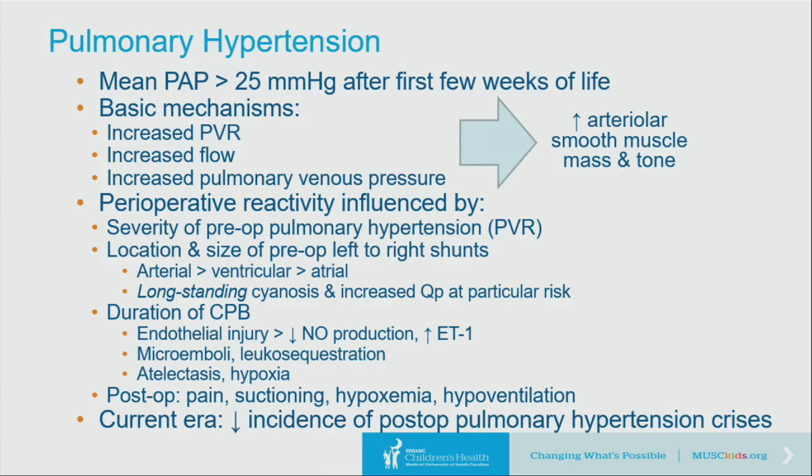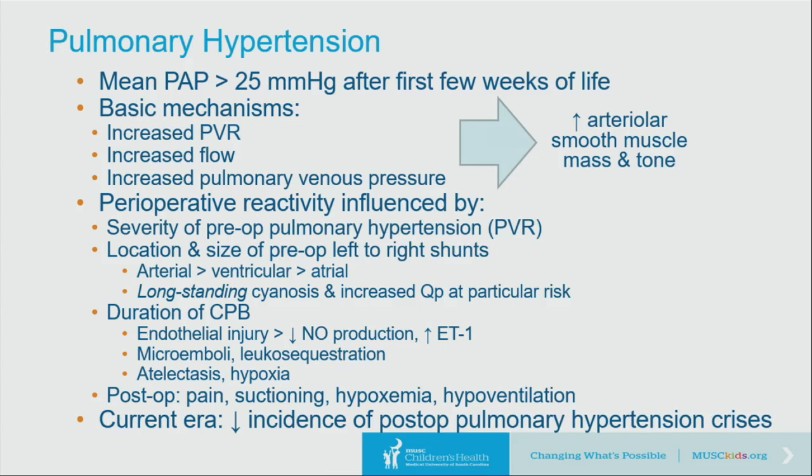Cardiopulmonary bypass in and of itself can cause the pulmonary vascular bed to become more reactive due to inflammatory mediators, reductions in nitric oxide production, and increased production of endogenous molecules that promote pulmonary vasoconstriction, like endothelin-1.